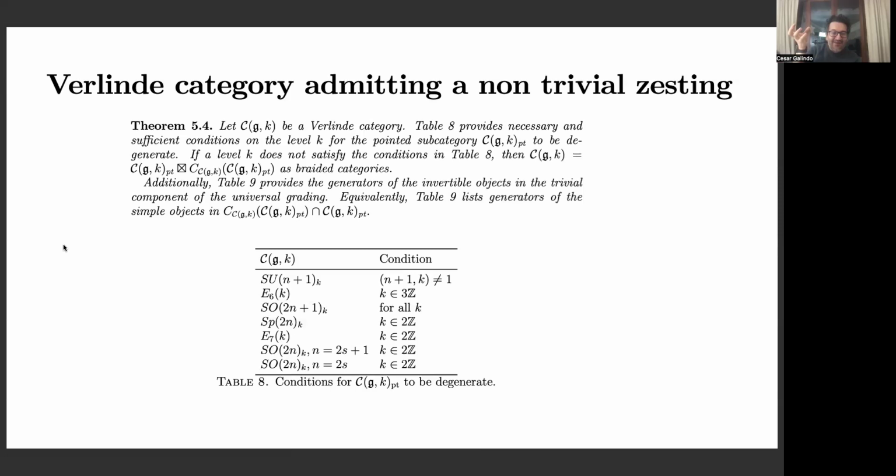Right, the number of simple objects changes. And here, this construction doesn't change the number of simple objects, which seems a little confusing. Yes. So we can only get half of the 16-fold ways using zesting. The other half is not possible to achieve with this construction.